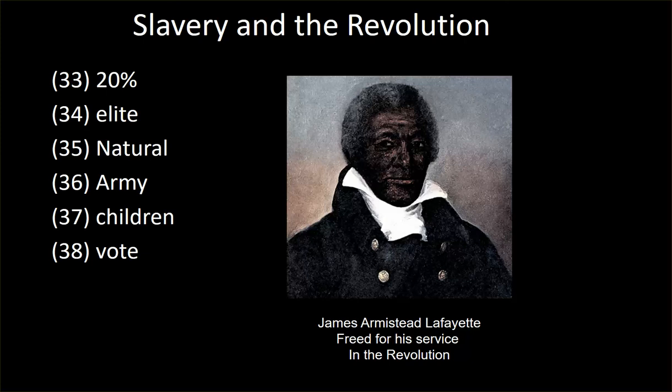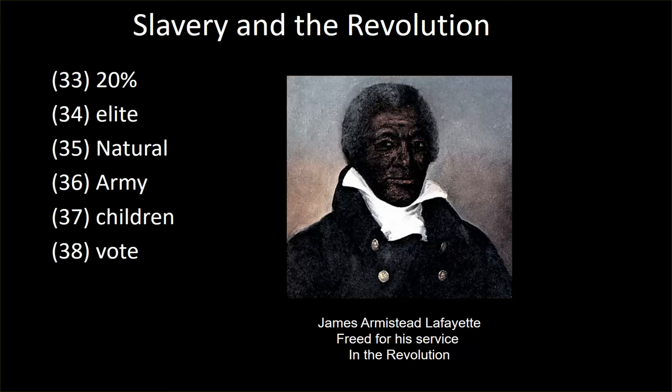Black men who fought under Washington or who fought in the state militias fought in integrated units. They were the last black Americans to be officially integrated until the Korean War in the 1950s. Now, most of the southern colonies, except for South Carolina and Georgia, also allowed free black men and slaves to fight.